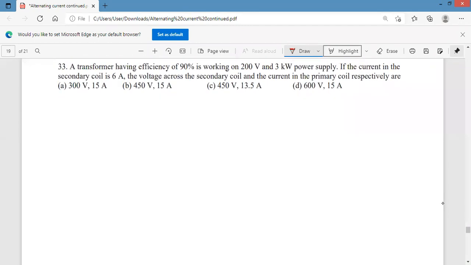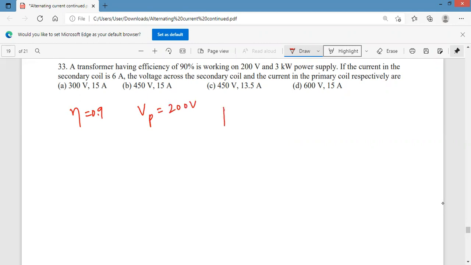Next, the 33rd problem. If you come to the 33rd problem, a transformer having efficiency of 90%. Theta is given, it's 90%, that is 0.9. It is working on 200 volt, so Vp is equal to 200 volt.